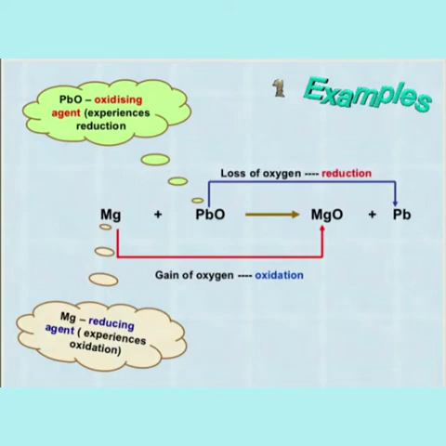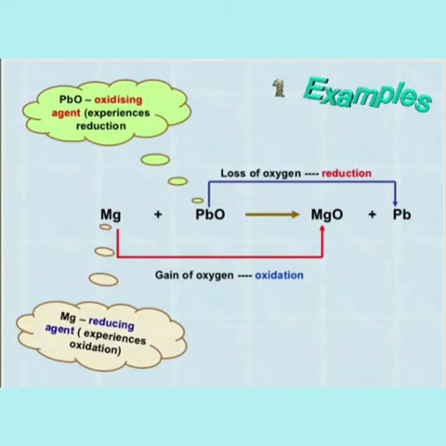In this reaction, magnesium is acting as a reducing agent as it takes one atom of oxygen from lead oxide to form magnesium oxide. And lead oxide acts as an oxidizing agent as it provides an atom of oxygen to magnesium to form magnesium oxide.